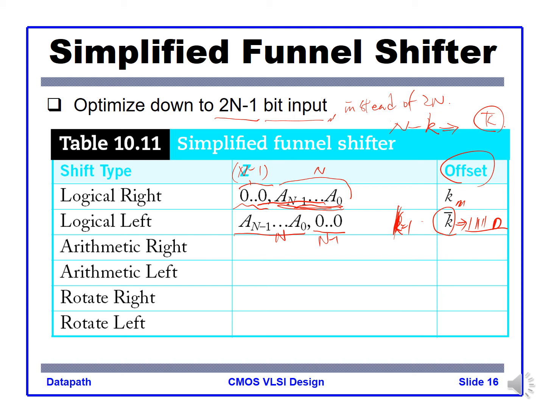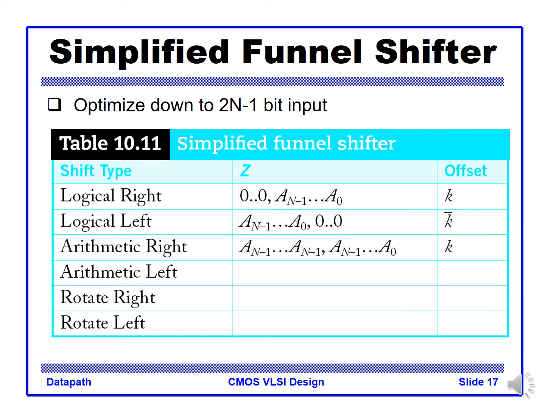So this is the maximum shift minus 1. So we select the n minus 1 to the first MSB 0, right? This is just a handy way to calculate the offset.